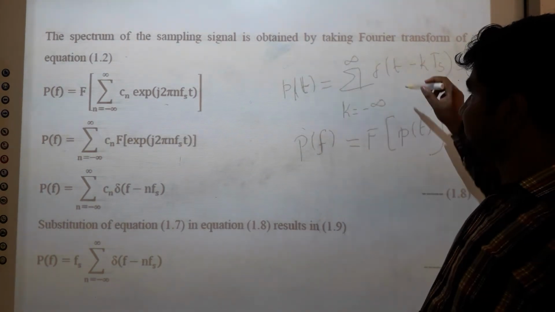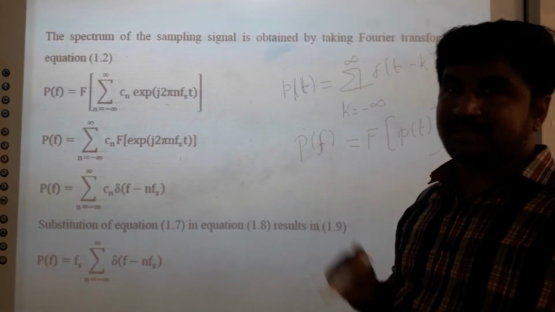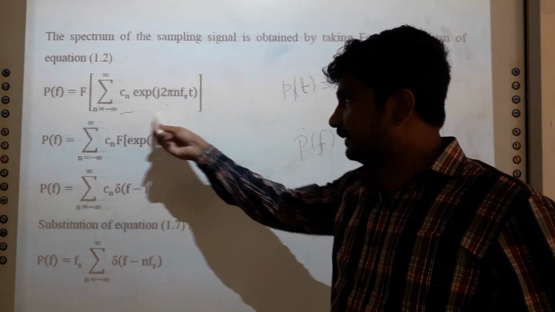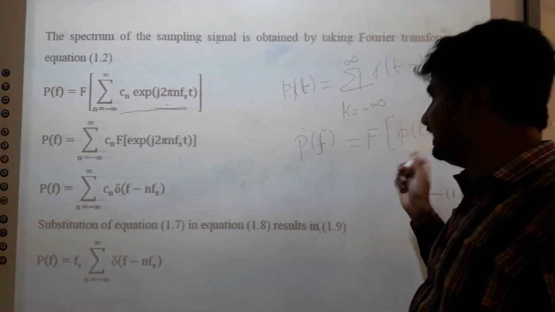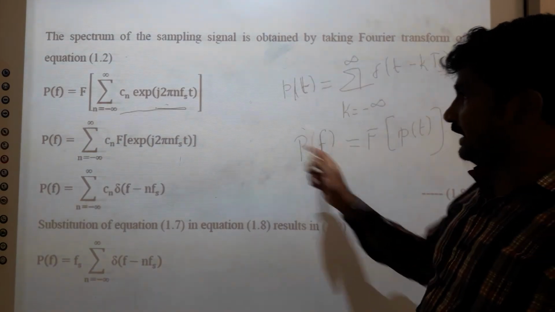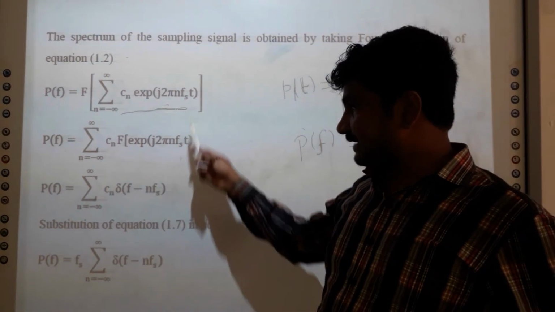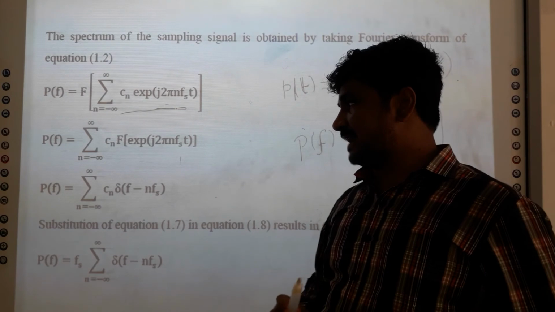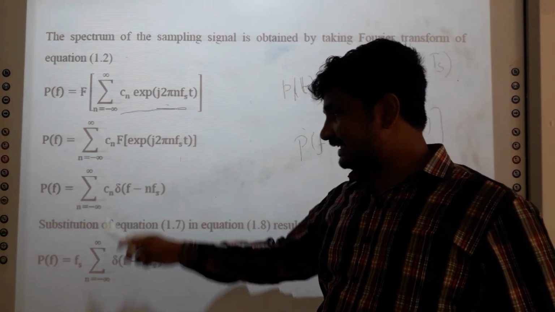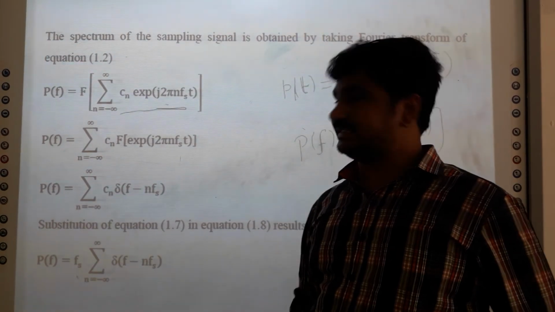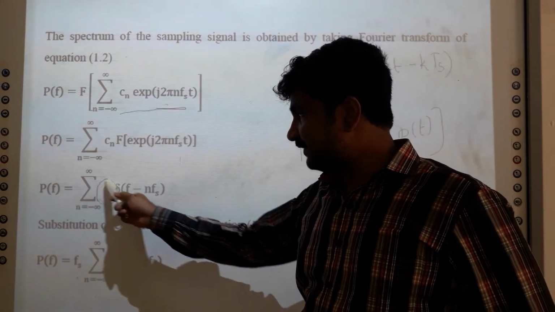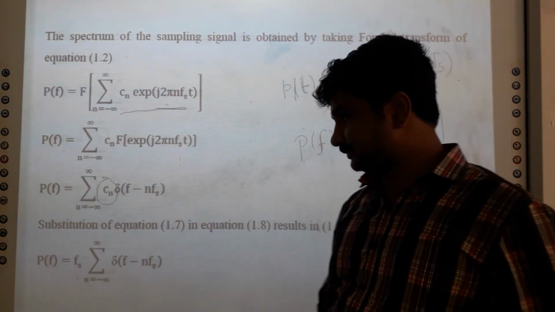Since it is a periodic signal, we have to apply the Fourier series instead of P of t in the Fourier transform expression, so that we will have this kind of value. So we know that Cn is nothing but Fs. The value of the coefficient is Fs.